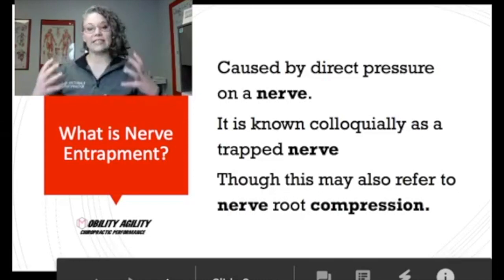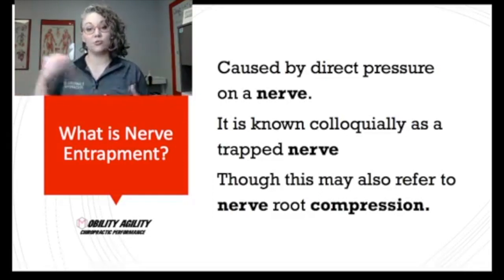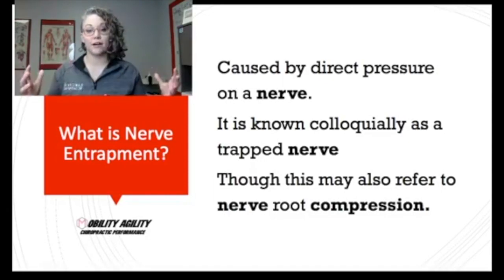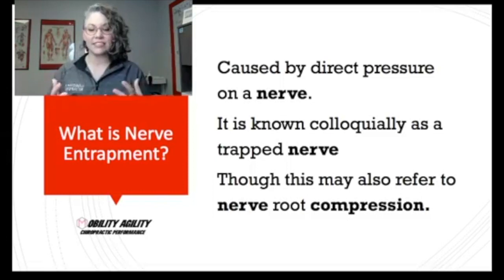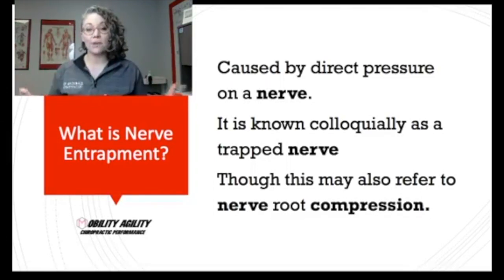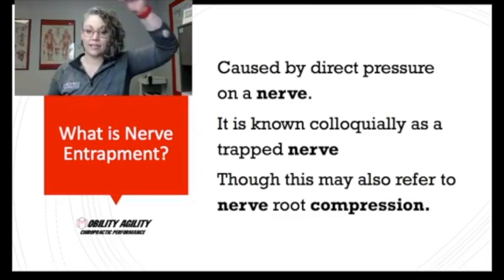So what does it mean when a nerve is entrapped? This is where there's direct pressure on the nerve. Somewhere there is something squishing that nerve down, and it's affecting its ability to send signals back and forth. Our entire body is controlled by our nervous system, which ultimately our brain is the computer of. So we have our brain, down the back is our spinal column.